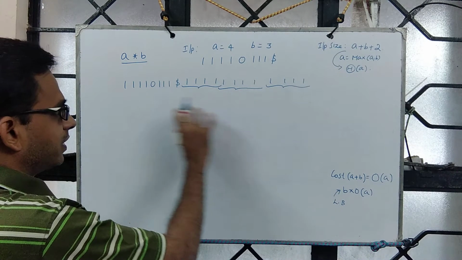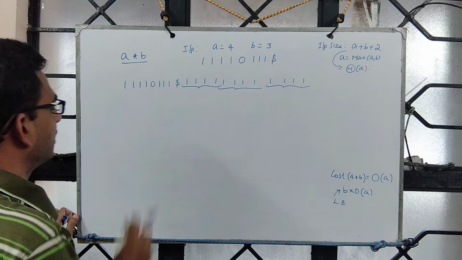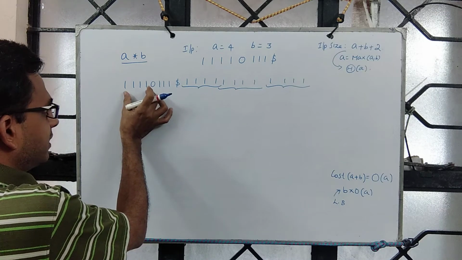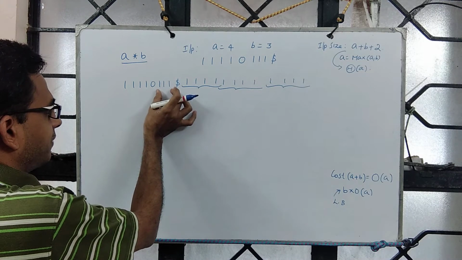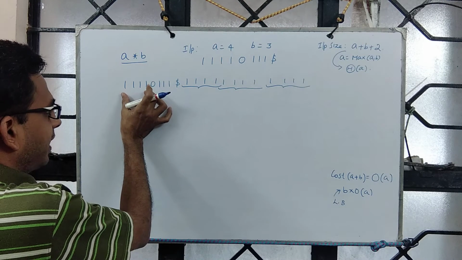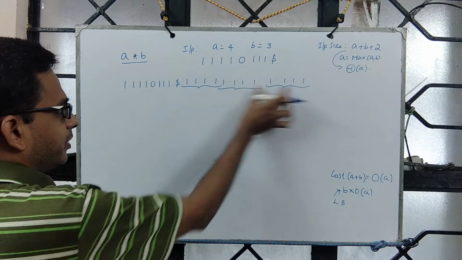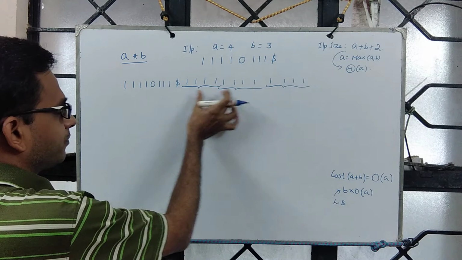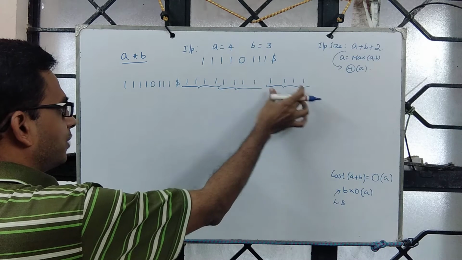So following our TM construction, we are going to copy this this many number of times. That's equivalent to saying we are going to add A B number of times. This is our A, and add once, add one more.